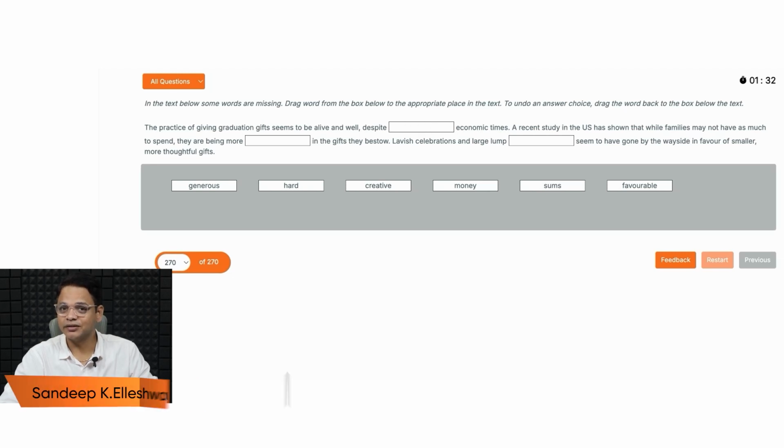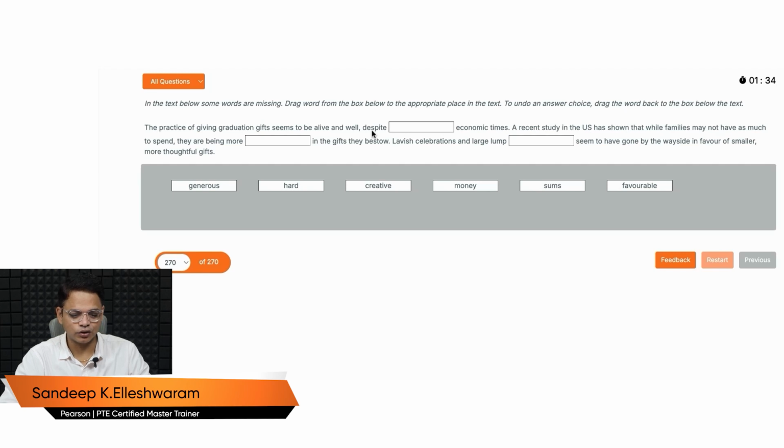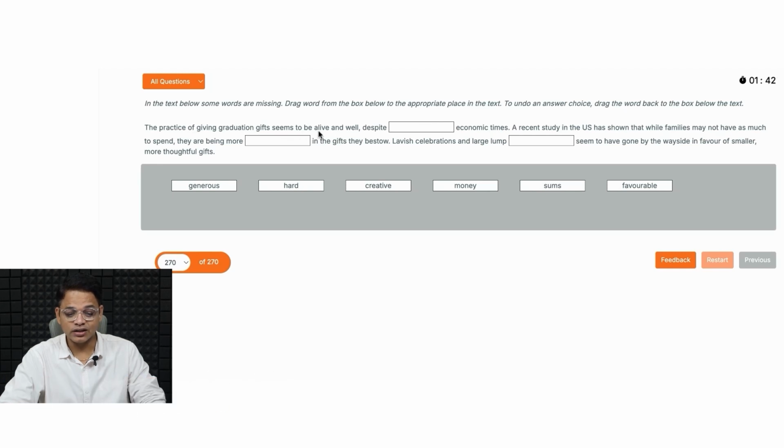Probably an adjective, right? On the left side of despite you have practice of giving graduation gifts seems to be alive and well. Something positive. After despite, what happens? It's a contradictory word. So after despite, it will be what? Negative. So we are expecting a negative word in this blank.